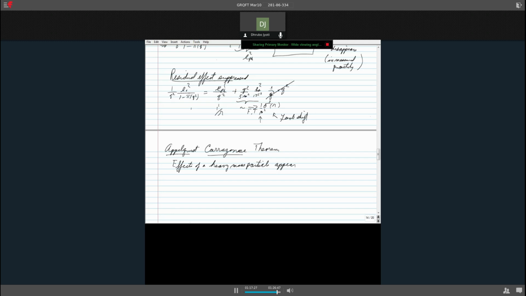So these guys cancel each other. The first term gives you your 1 over r potential. The second term, when you Fourier transform, gives you a delta function of the distance.